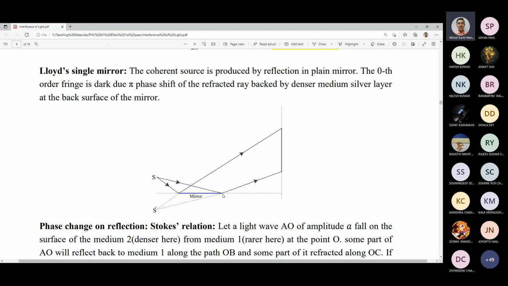That means when a light beam undergoes reflection from a denser medium, it undergoes a phase shift of pi. We should always remember that when a light beam undergoes a phase shift of pi, it must have been reflected back by a denser medium. Can you remember this point? That is why we will get the minima at the point of contact.